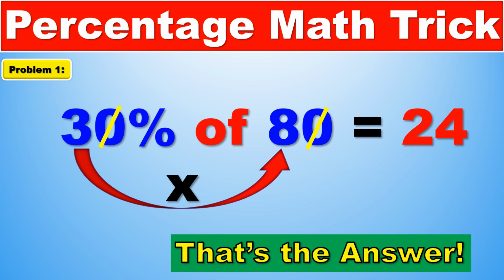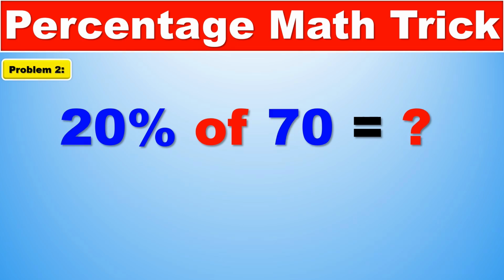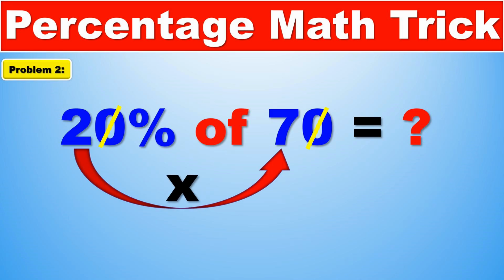Let's take a look at some more examples. Say 20% of 70. Now, 20% of 70, just cancel out the zeros and multiply 2 times 7. And 2 times 7 is 14. So 20% of 70 is 14.